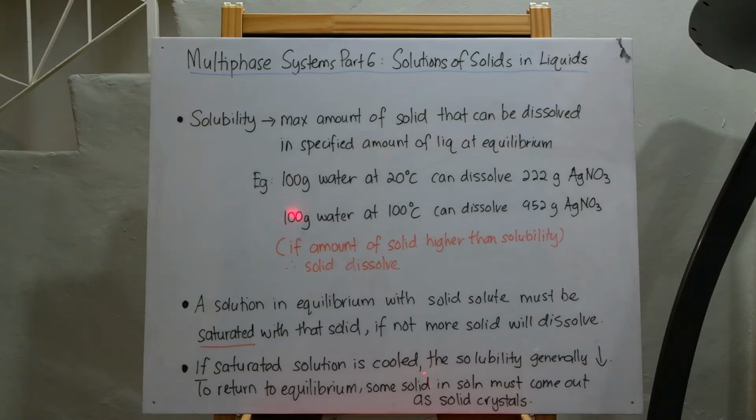For example, if we have 100 gram of water at 20 degrees C, it can dissolve only 222 gram of silver nitrate. This is what it means. If you have more than 222 gram of silver nitrate, the rest will not be dissolved in this water.